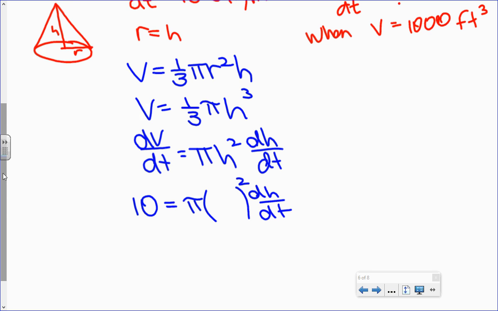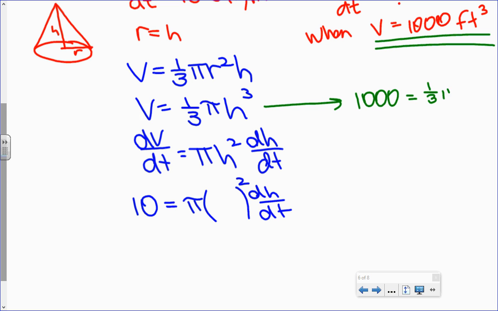Sometimes we're given some information and we have to use that to find other things about our problem. So we have that the volume is 1,000 cubic feet. And it should equal 1/3 pi h cubed.